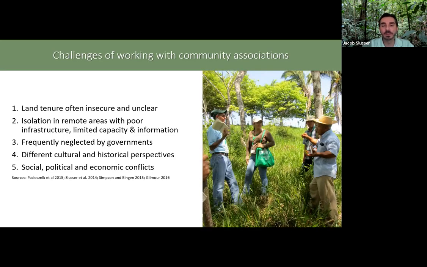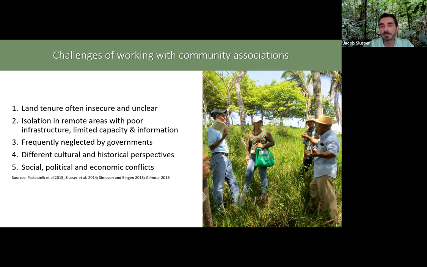But in reality, there are many challenges to working with community associations, and I think it's important to mention these. So local people can be effective landscape stewards, although their rights to use and own the land and the resources on which they depend are often unclear or insecure.